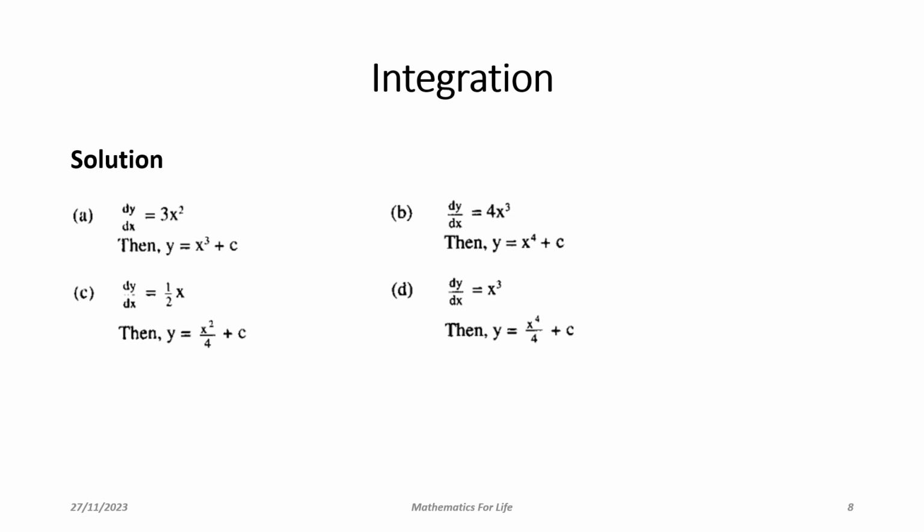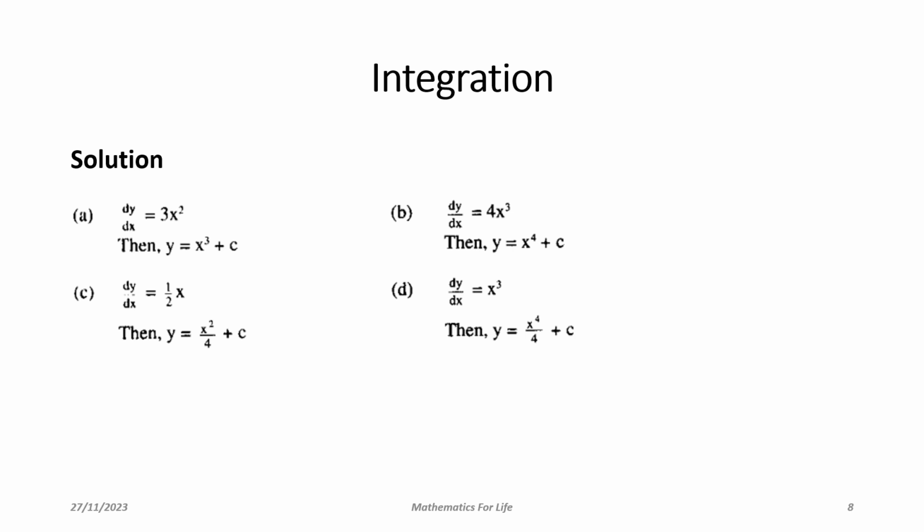In the same way for the third, we integrate a half x, giving us x squared divided by 4 plus c. And lastly, for the fourth one, we integrate our gradient function, giving us y = x to power 4 over 4 + c.